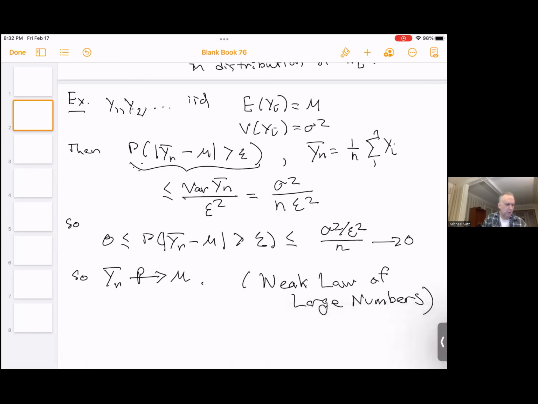Right. Okay, so the sample mean converges in probability to the actual mean, as long as the variance and the mean itself are finite, right? This makes sense. These have to be finite for this to go to 0.